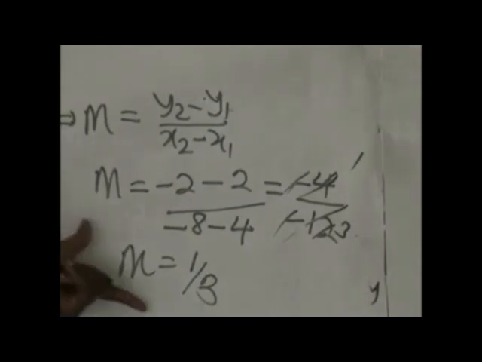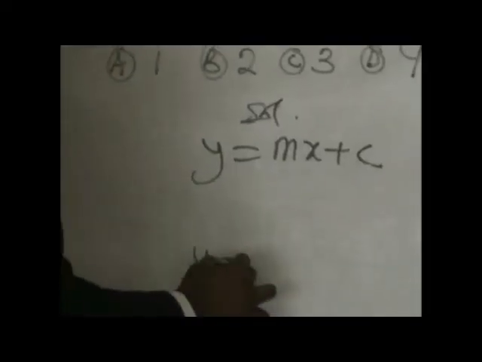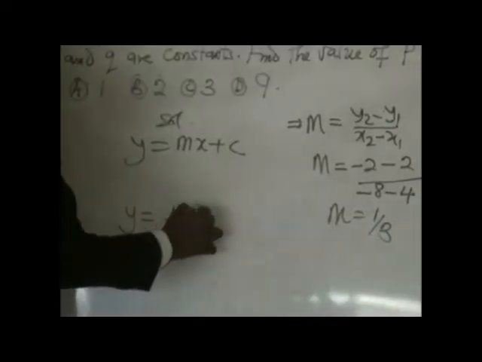So since we have got the value of the gradient, 1 over 3, we substitute back into the general equation of a straight line. So substituting m equal to 1 over 3, we have y equal to, in place of m, I will substitute 1 over 3. So it becomes y equals 1 over 3 x plus c. Are you getting it?